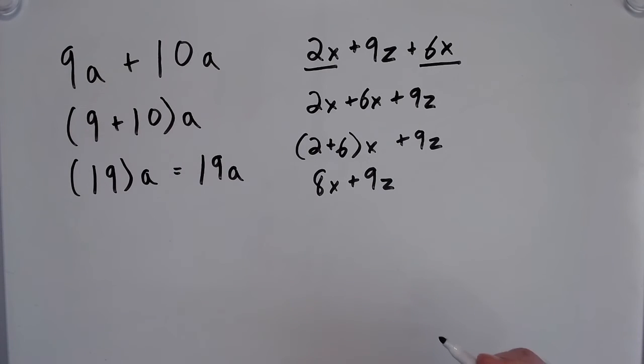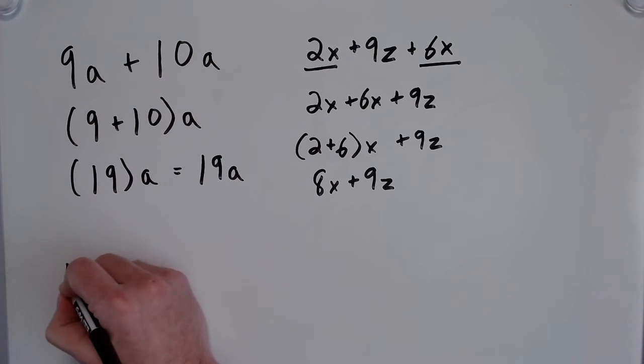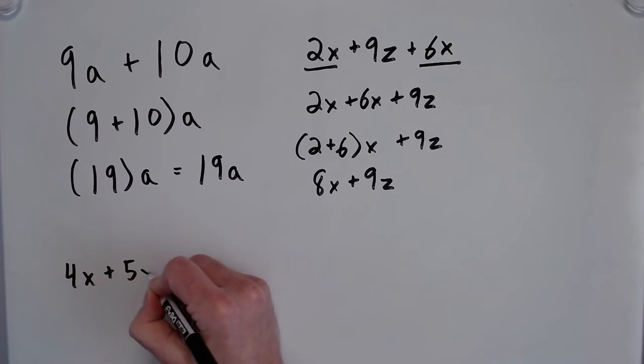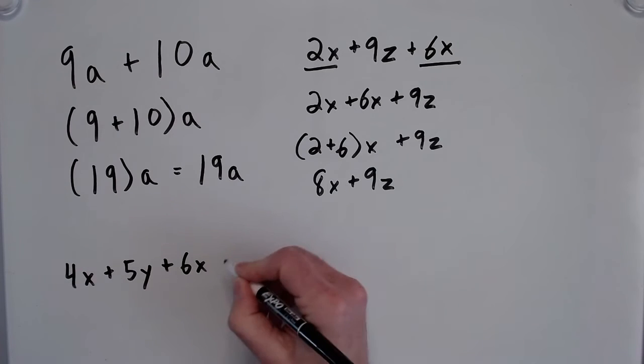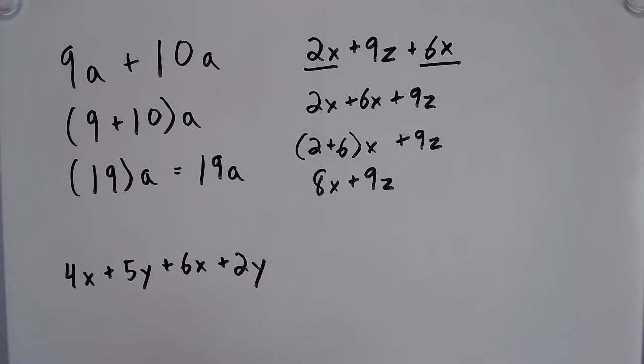Let's try. We got enough room? We got enough room. 4x plus 5y plus 6x plus 2y. Now we know that when we add stuff, we could rewrite this if we wanted to.